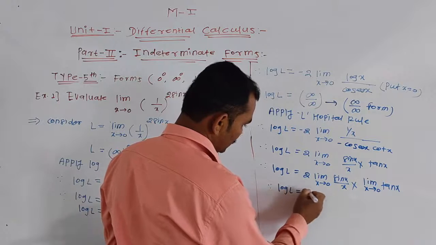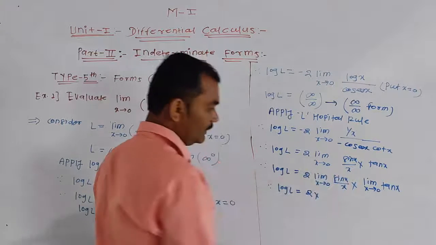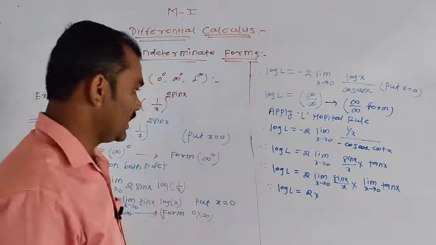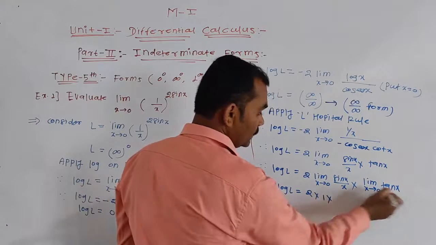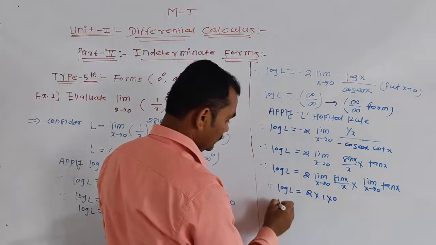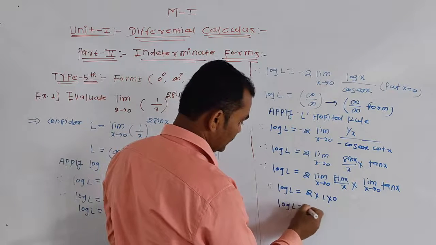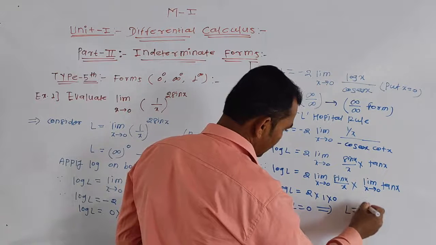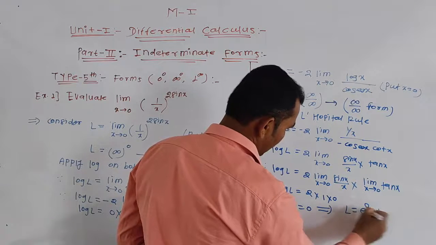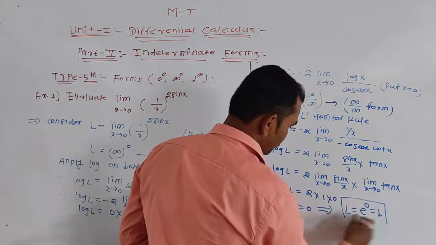Log of L is equal to 2 into limit x tends to 0 sin x upon x, answer is 1, into tan 0, answer is 0. So we get log of L is equal to 0, which implies L is equal to e raised to 0, which is equal to 1. Okay, this is your answer.